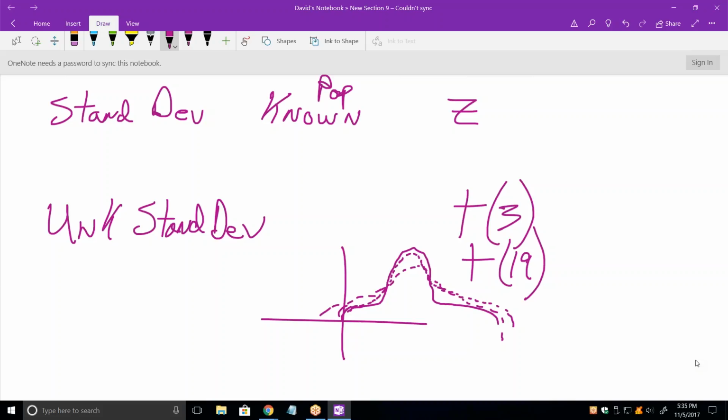In other words, we actually have census data on that. So we don't have to get that from a SRS, a simple random sample. We know what mu is, and we know what standard deviation is for the average age of people in the United States.